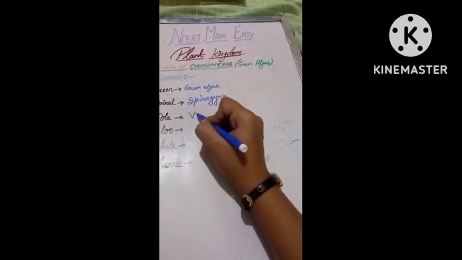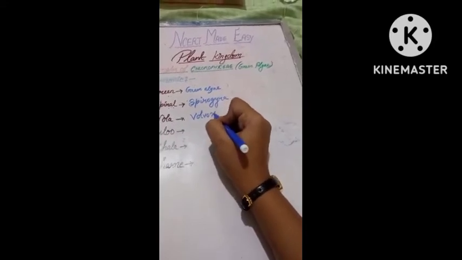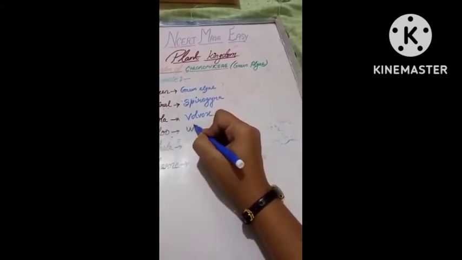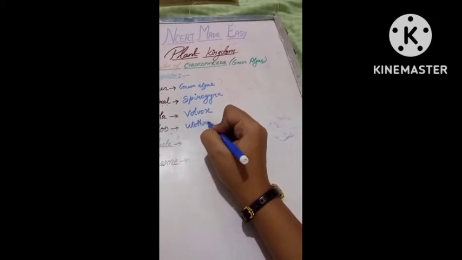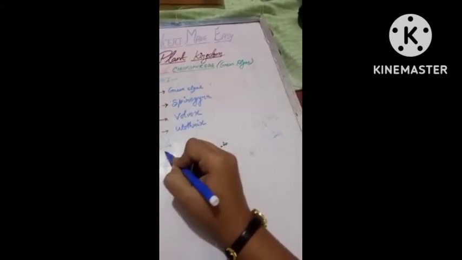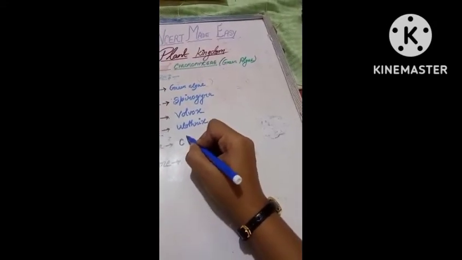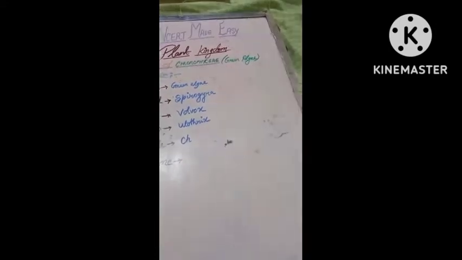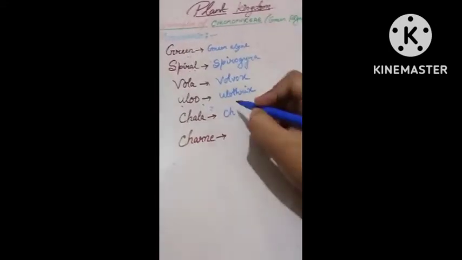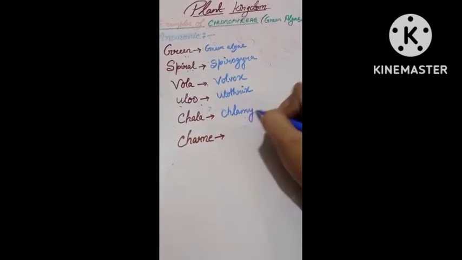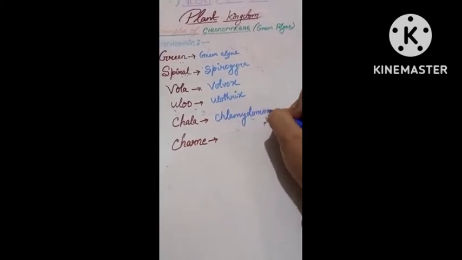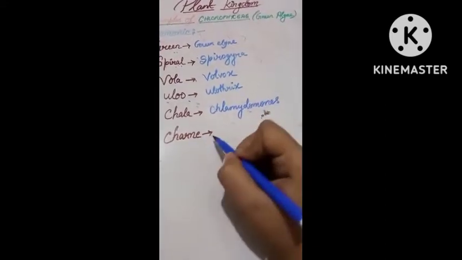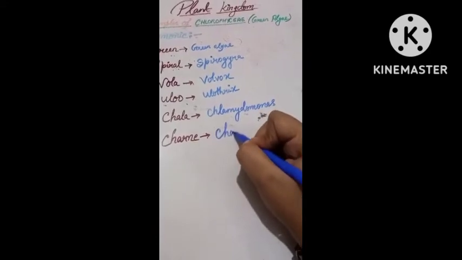Bhola represents Volvox. Ullu represents Ulothrix. Chala represents Chlamydomonas. And charne represents Chara.